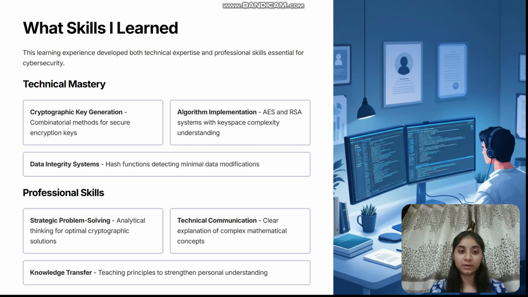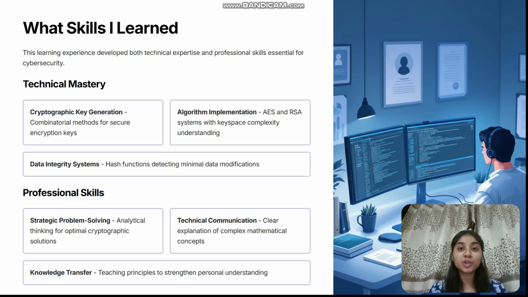What skills I learned? By completing this course and reading the article, I learned a variety of technical and soft skills. On the technical side, I gained hands on experience in implementing combinatorics based cryptographic systems.